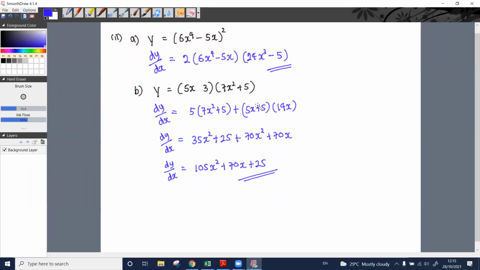No issue in the first part, but here the sign needs to be changed.